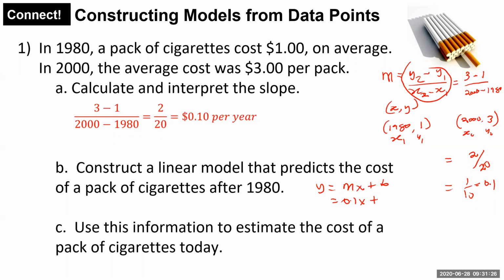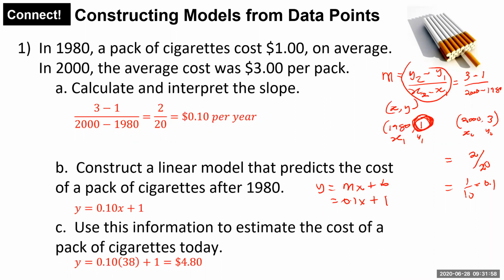If you do it in this form, your b will always be the value of y1, and y1 is 1. We'll do another example. So your b will be the value of y1, and that gives you your linear model. Is that okay? Now use this information to estimate the cost of a pack of cigarettes today.